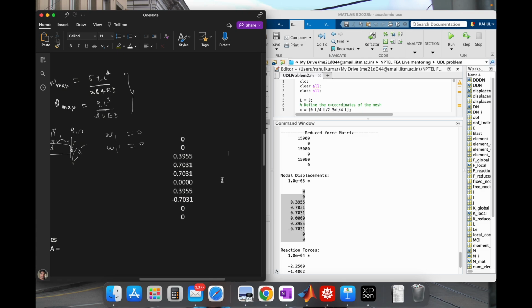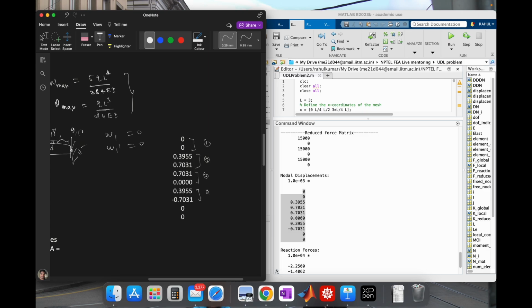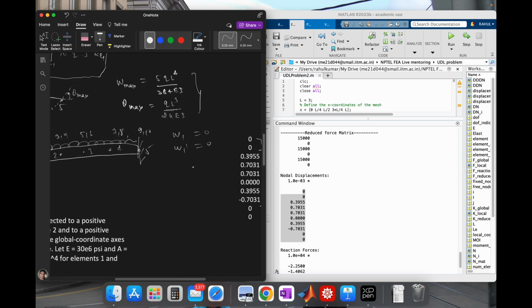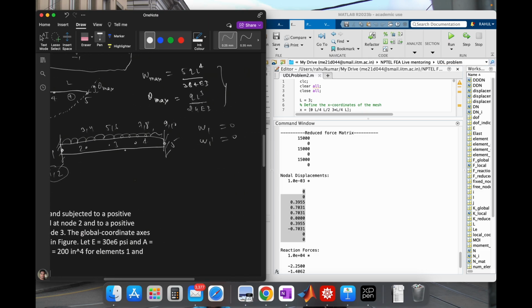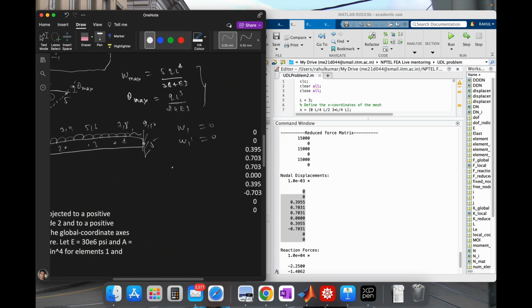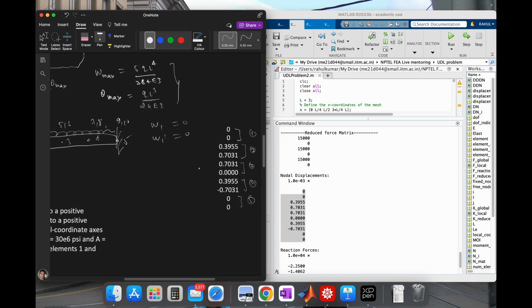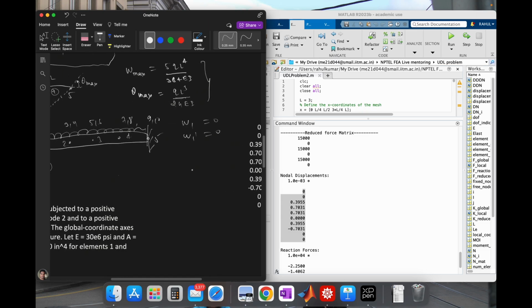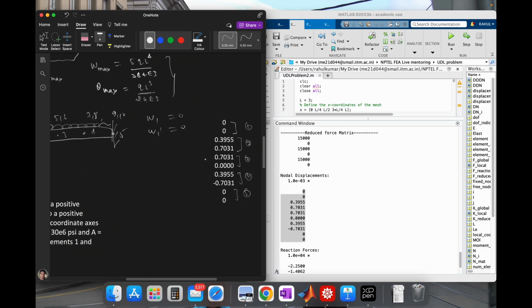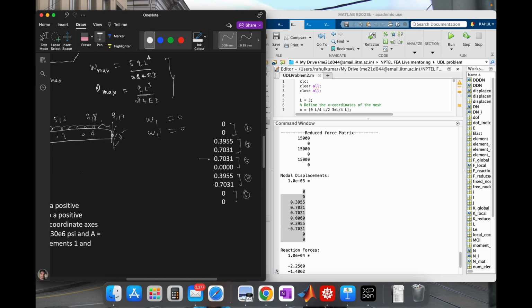We can see that this is the nodal displacement for node 1, this is for node 2, this is for node 3, this is for node 4, and this is for node 5. At node 3 we are expecting that the vertical displacement should be maximum, so that's why we are getting the maximum displacement.